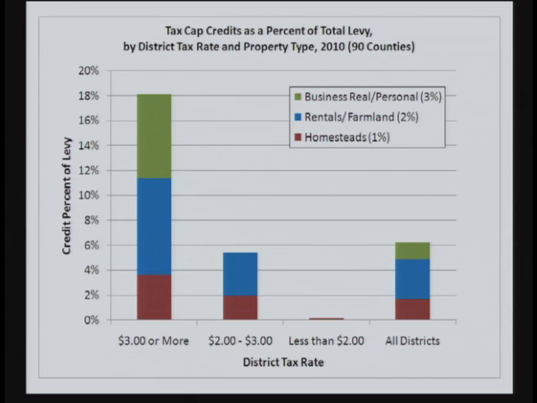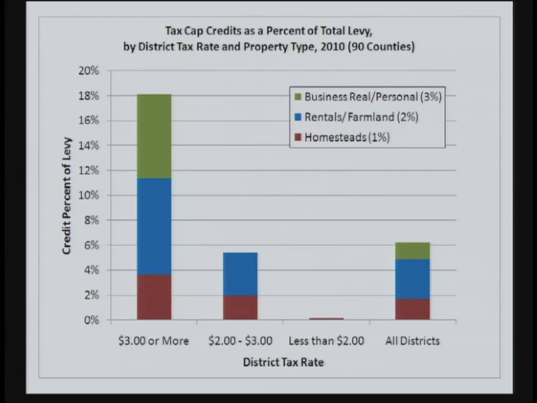When the rate is more than $3, tax cap credits go to businesses and to rental housing and to homesteads. That is, the 3%, 2%, and 1% tax cap categories all receive tax cap credits, and the losses, on average, are 18% for local governments who happen to be in districts where the tax rates are $3 and more.